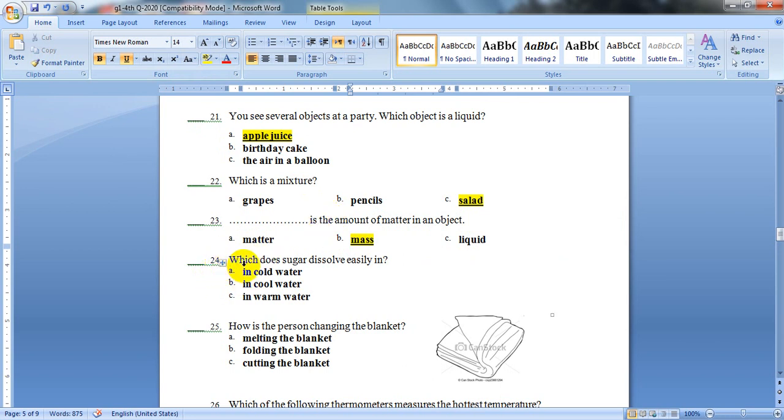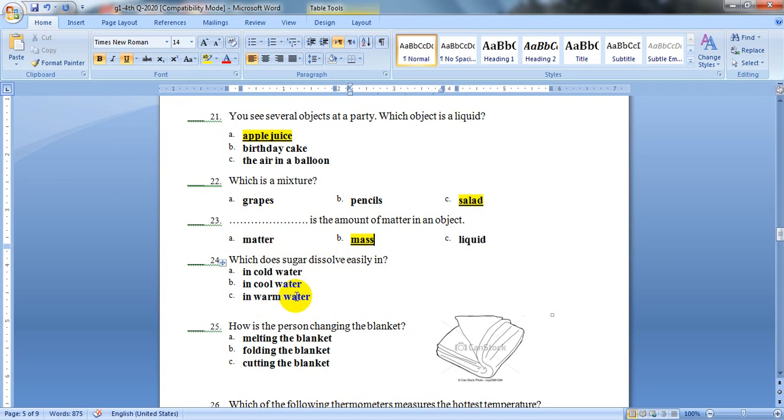24. Which does sugar dissolve easily in? In cold water, in cool water, or in warm water? Do you remember when we studied dissolve and separate?